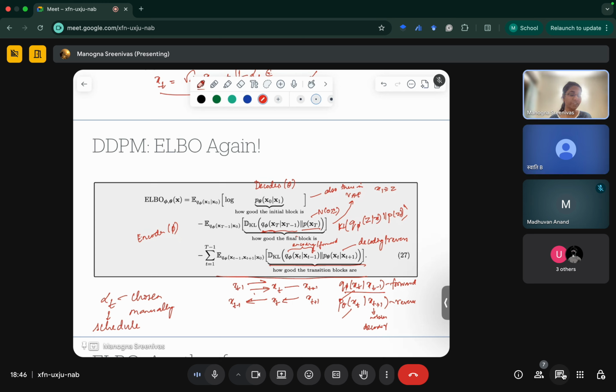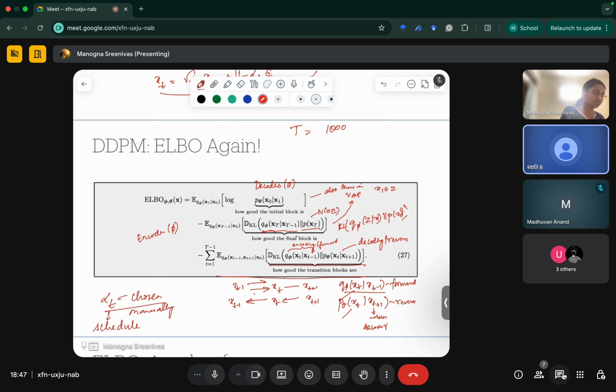It is chosen such that at a certain step it will be almost normal. Obviously, you assume some big number T and treat it as infinite, like here T is equal to 1000. You are approximating infinity by 1000. In 1000 steps it will become Gaussian, is your assumption, and alpha t is chosen like that.